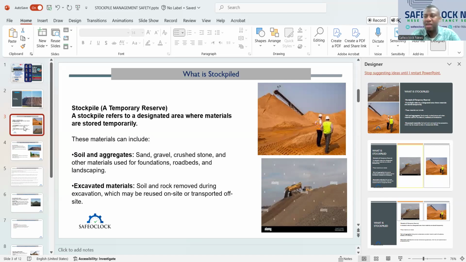Another type of material that can be stockpiled is excavated materials. Like in the construction industry, during excavation, there will be excavated soil. Those materials are part of the things that can be stockpiled. I was opportune to work in Qatar Rail during the construction of the underground metro.